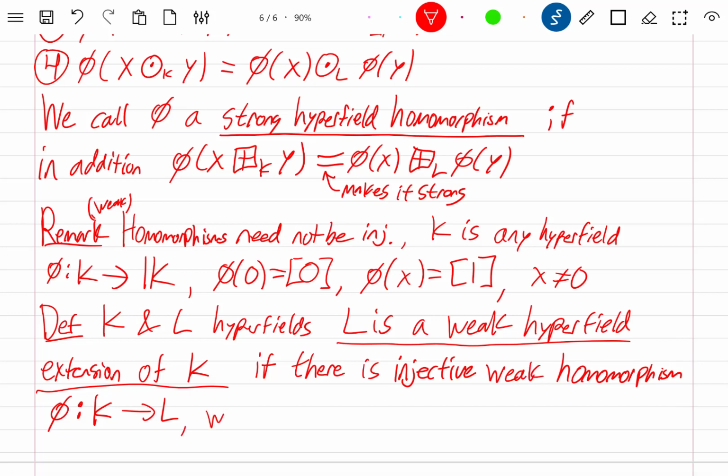And we will call K a weak subhyperfield of L.